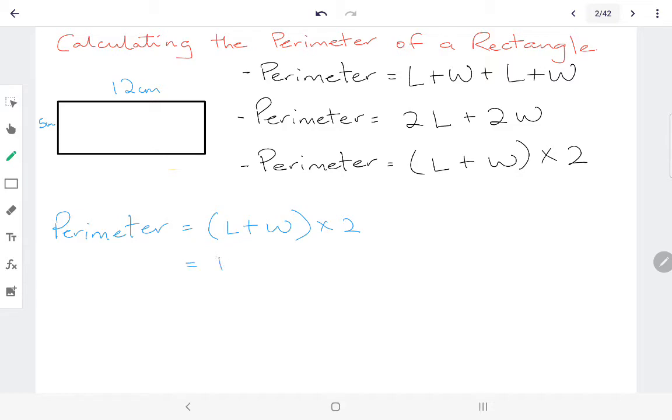So therefore we say 12 cm plus 5 cm multiplied by 2, and 12 plus 5 is 17 centimeters multiplied by 2, and 17 multiplied by 2 is equal to 34 centimeters. Therefore the perimeter of this rectangle, whose length is 12 centimeters and the width is 5 centimeters, will be 34 centimeters.